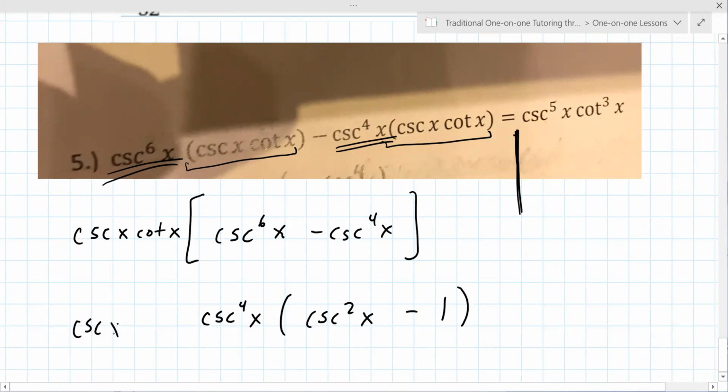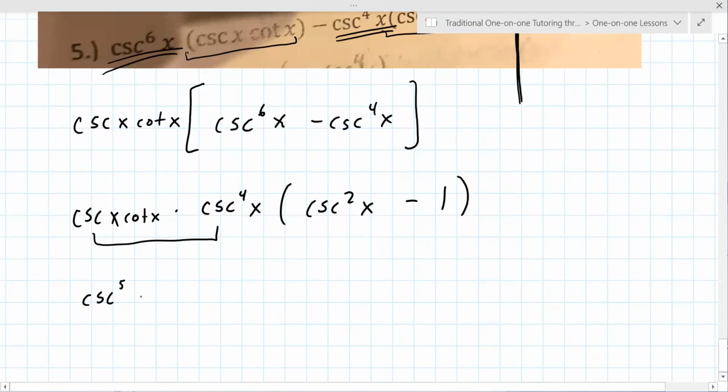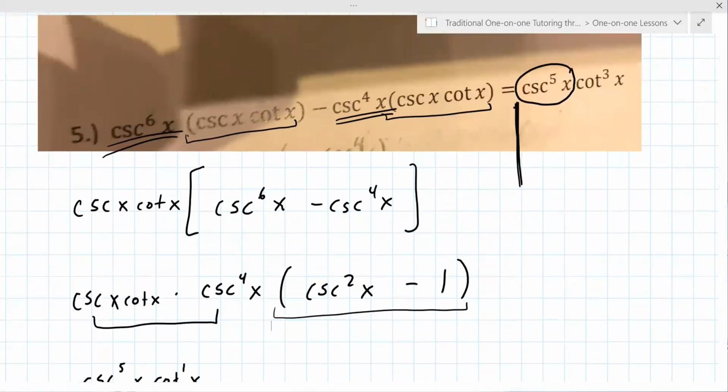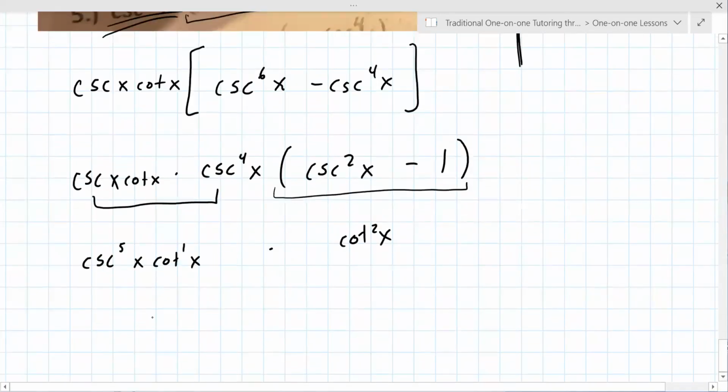And one of the things I see is there's a 5 there, and now you got a 5 here. So that's cosecant 5x cotangent 1x. And then maybe this gets us to a cotangent squared, which I think it does. Oh, that makes sense. And then you combine them to get that.